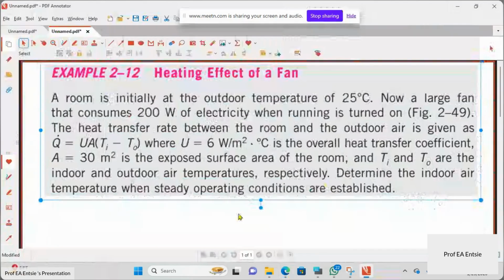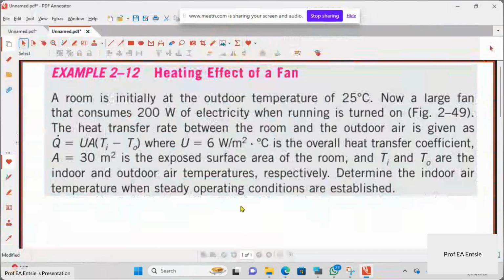Okay, so now with this problem, it's saying that the room is initially at the outdoor temperature of 25 degrees Celsius. Now a large fan that consumes, means takes in, 200 watts of electricity when running is turned on. The heat transfer rate between the room and the outdoor air is given as, so it means the heat transfer is given in terms of power rate, where U is 6 watts per meter squared per degree Celsius, the overall heat transfer coefficient.